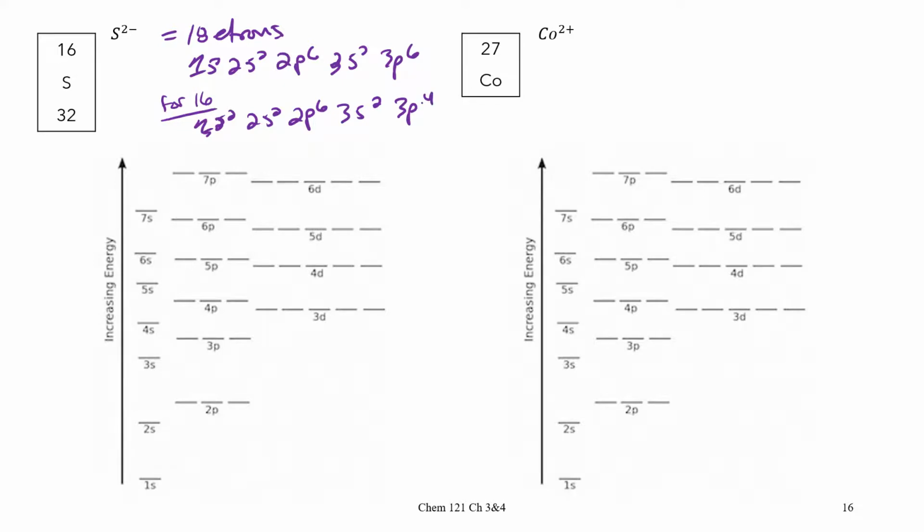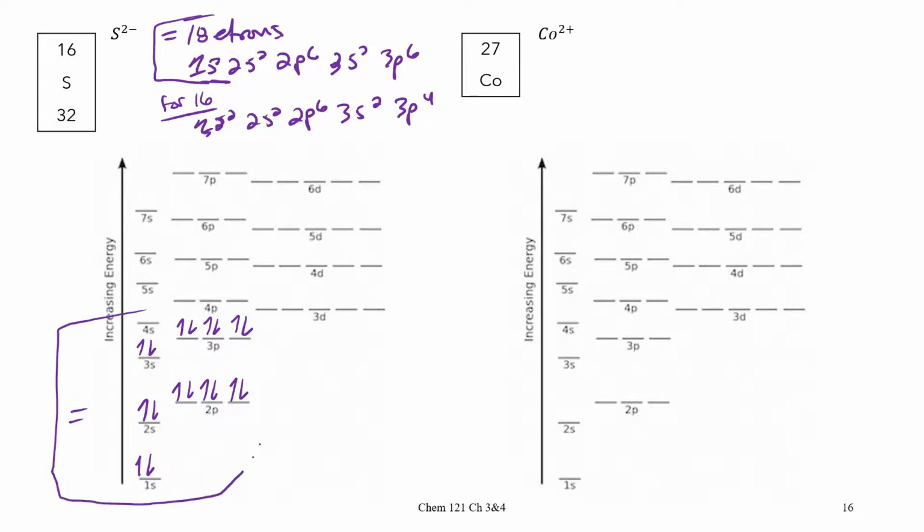And since we're gaining 2 more electrons, we're going to go up to 18, and so we would use this electron configuration right here, up top. So for an orbital diagram, we could go 1, 2, 3, 4, 5, 6, 7, 8, 9, 10, 11, 12, 13, 14, 15, 16, 17, 18. And that would be your orbital diagram for sulfur 2 minus.